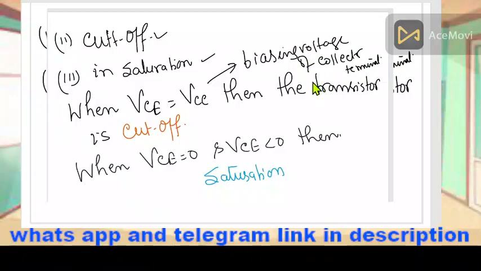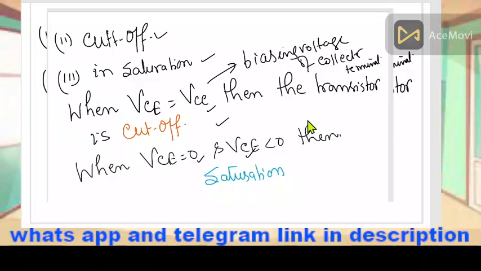Now when the collector emitter voltage is equal to this voltage, both junctions are reverse biased, and the transistor goes to the cutoff state. When VCE is 0 or negative, in that case the transistor is in saturation region. So this is the importance of VCE.